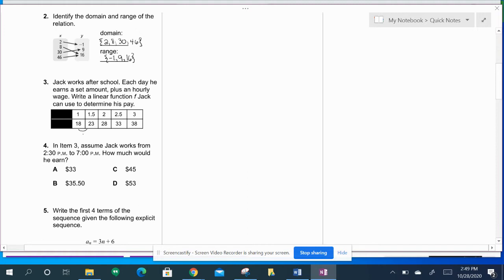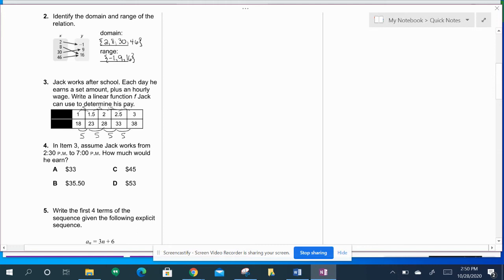So 18 to 23 is an addition of 5. 23 to 28 is an addition of 5. 28 to 33 is an addition of 5. And 33 to 38 is an addition of 5. This all looks great, but remember, we need to know the whole slope, not just the change in y's. So change in x's is also a raise of 0.5, a raise of 0.5, a raise of 0.5, and finally a raise of 0.5.